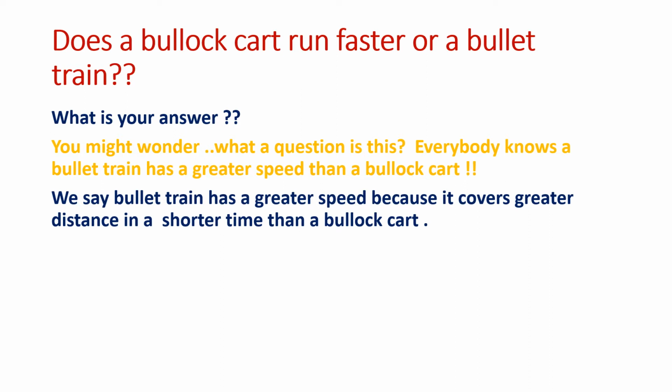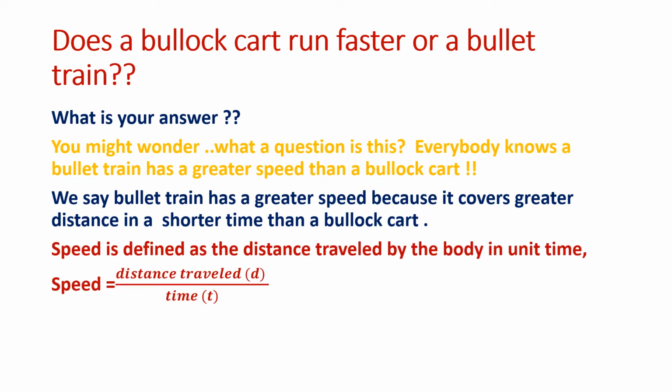You understand that the greater the distance covered and the shorter the time, you say it is a greater speed. So I hope you understood that the shorter the time, the greater the speed. There is a formula given for finding out the speed.